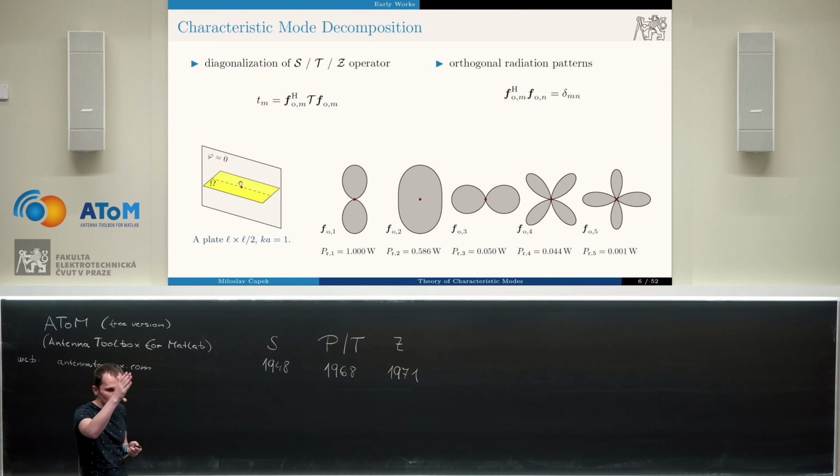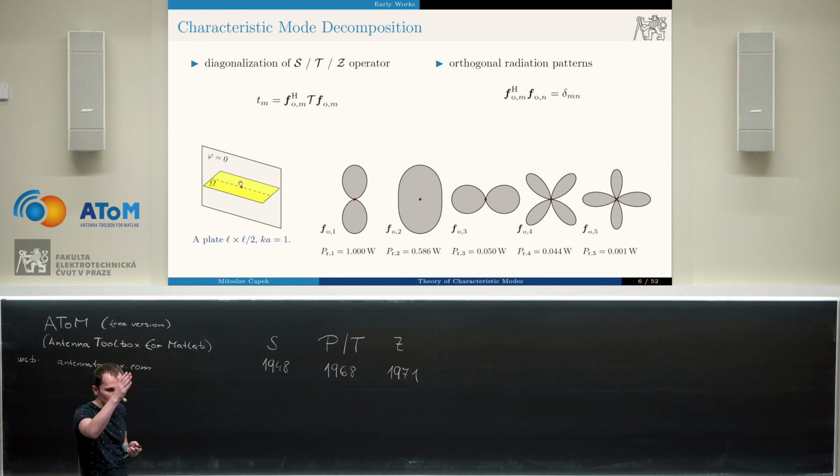Also, let me recall that we are still evaluating a perfectly conducting rectangular plate of aspect ratio L to L over 2. For this case, the electrical size was significantly increased to ka equal to 5. Therefore, the eigennumbers, at least some of them, are closer to their resonance.